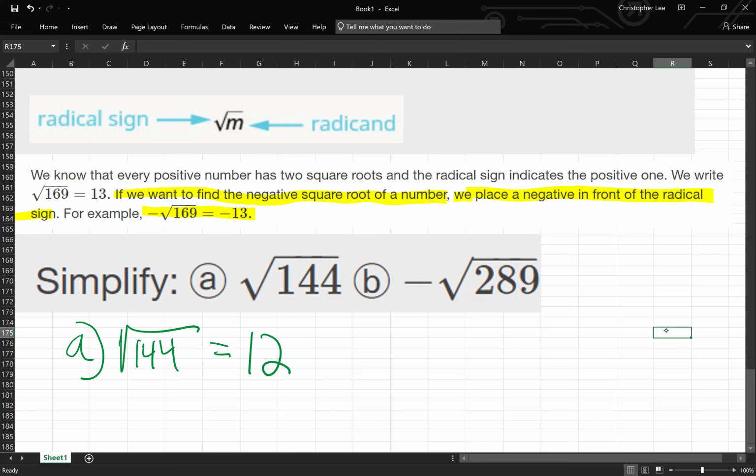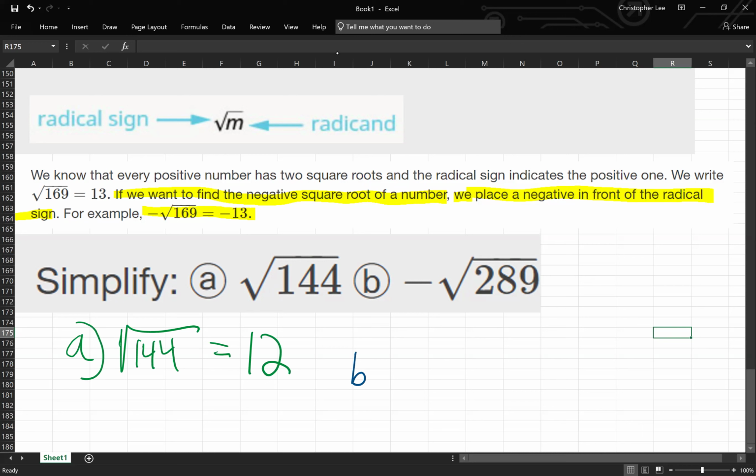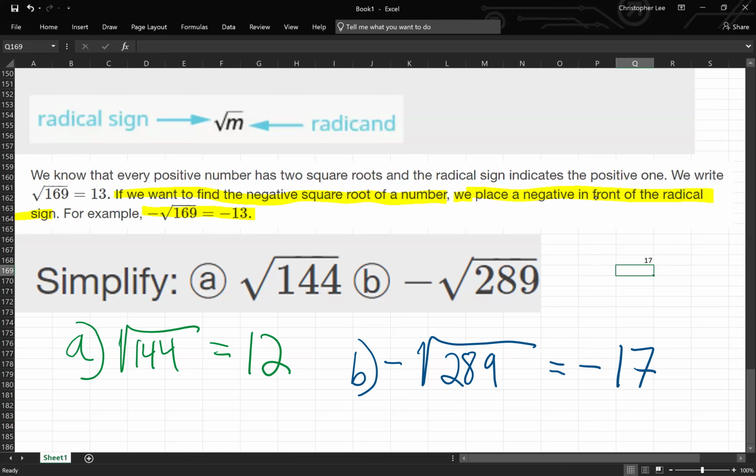We know that that's 12. Let's look at B. What's the negative square root of 289? Negative 17. I think that's right. Let me see. Yep, is this equal to negative 17? Perfect.